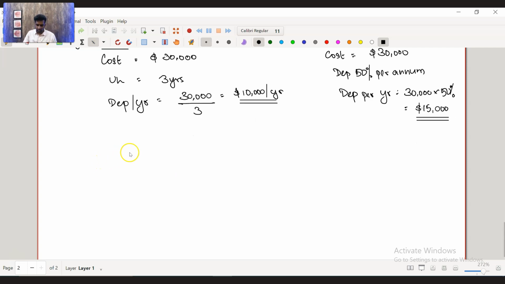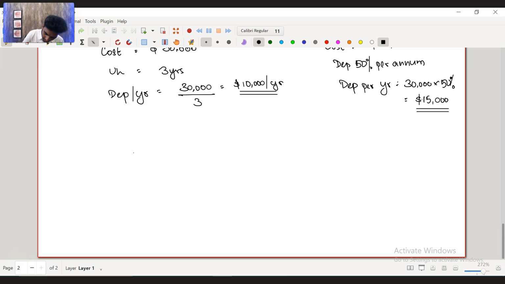So now how will we show this? Let's say this is as per your books and this is as per your tax, and this is your difference. As per books, you have a cost of $30,000.